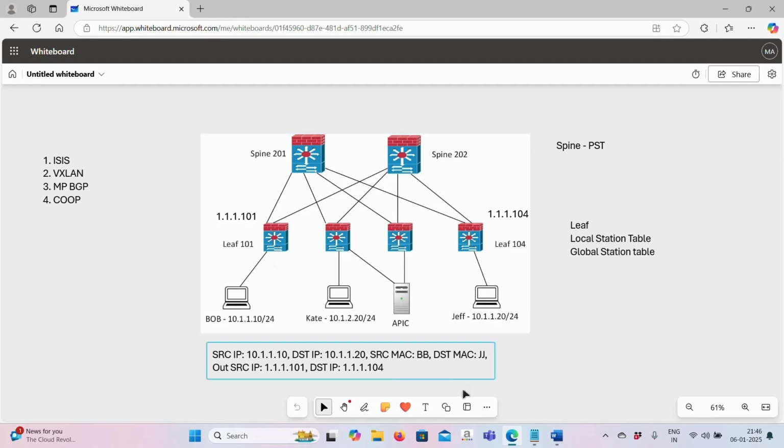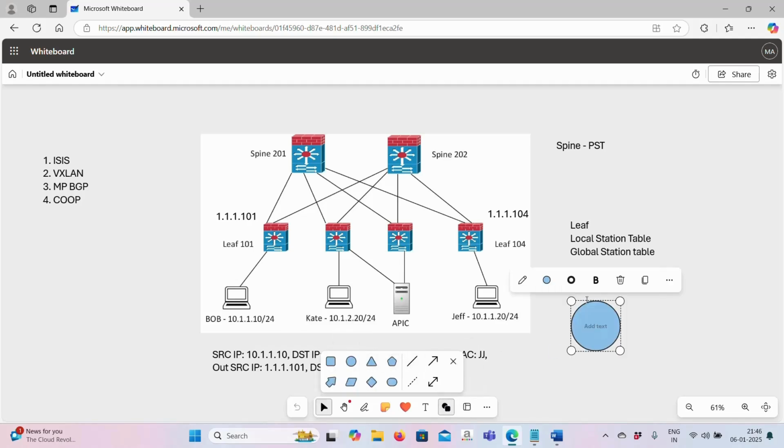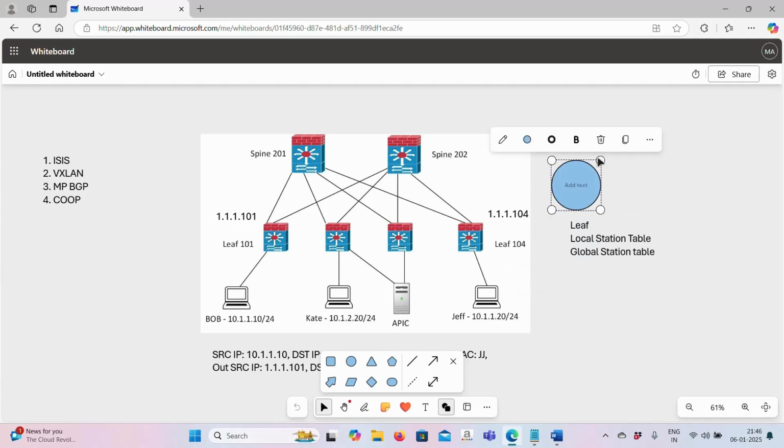Now let's understand, in the same example, say we have a layer 3 router connected. For example, a router is connected to leaf 104.